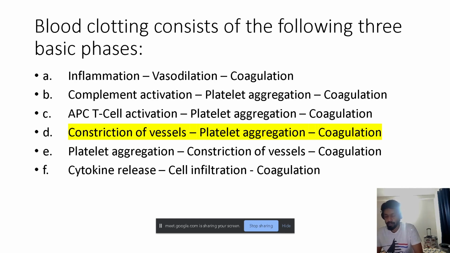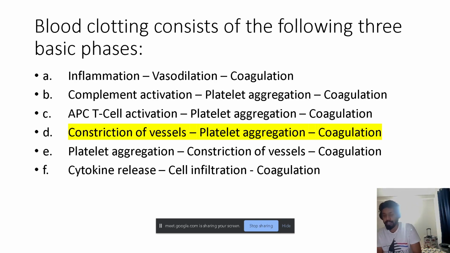So what happens as soon as you get bleeding? Blood clotting usually happens when you have a leakage in your blood tissue, right? So if you have a leakage, the first thing that needs to happen is the constriction of the blood vessels, or vasoconstriction. Vasodilation is the expansion of blood vessels, and vasoconstriction is the constriction of blood vessels, right? So you'd want less blood to flow out of the leakage.